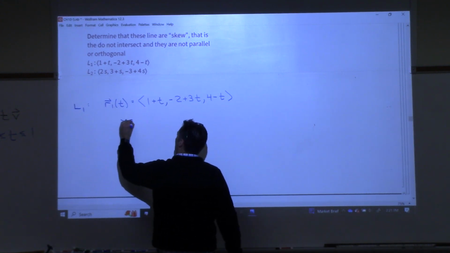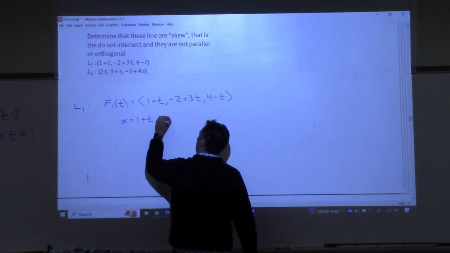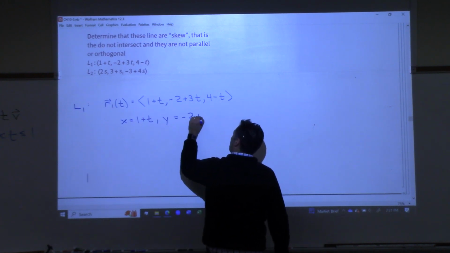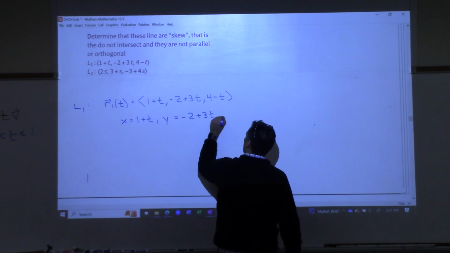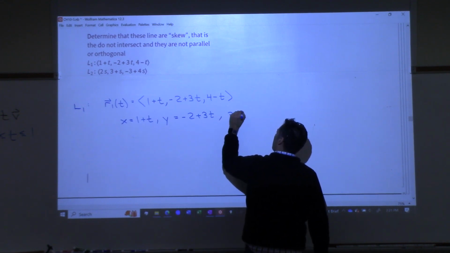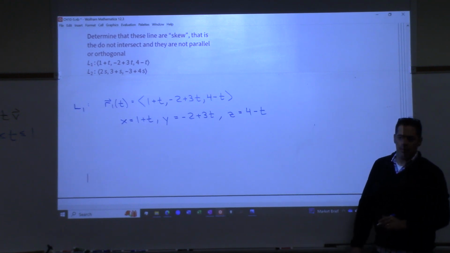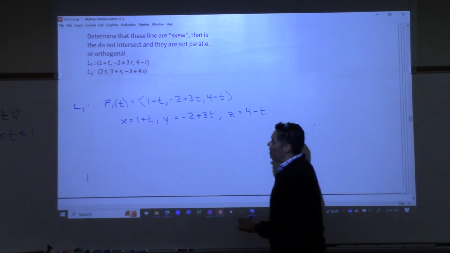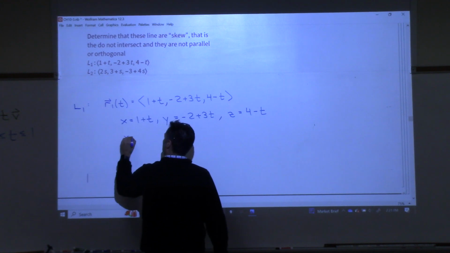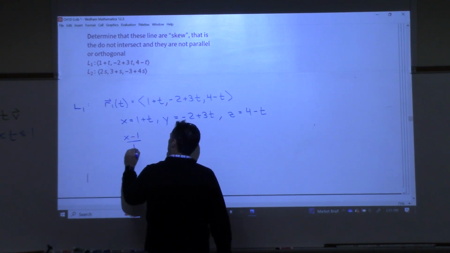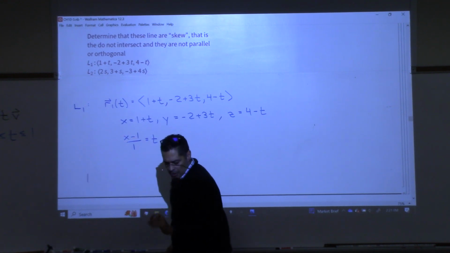But from there, I have this. I'm now writing the parametric equations of this line. And then from there, I'm going to get the symmetrics.